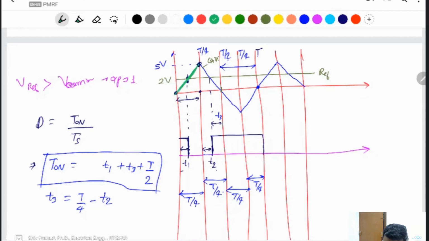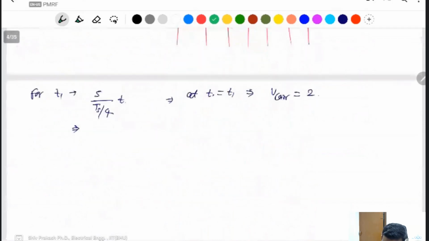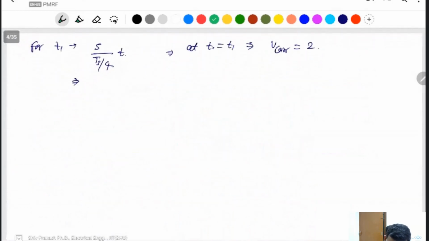The line equation is the same when the value is 2, and the time period is T1. That's why you can say that 5 T1 divided by Ts by 4 is equal to 2. You can find the value of T1 time.